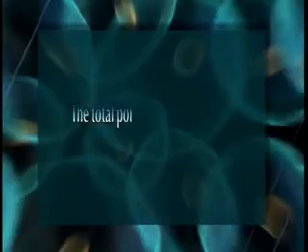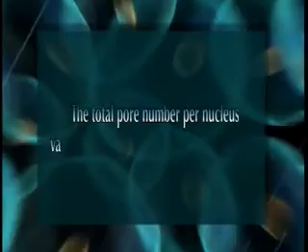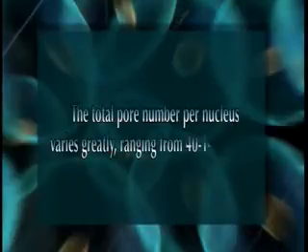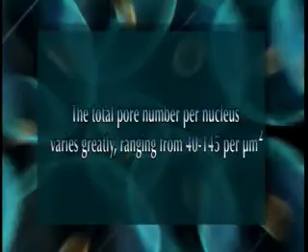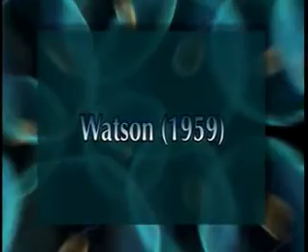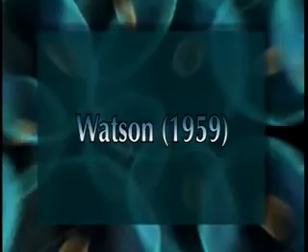The total pore number per nucleus varies greatly, ranging from 40 to 145 per micrometer square in nuclei of various plants and animals. Watson, 1959, stated the number of pores in mammalian cells as 10% of the total surface of the nucleus.